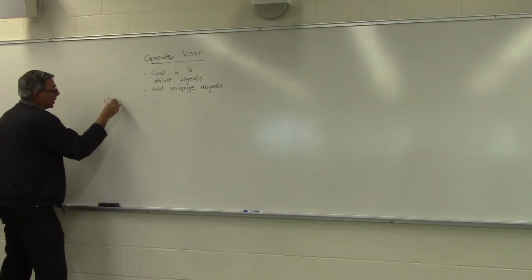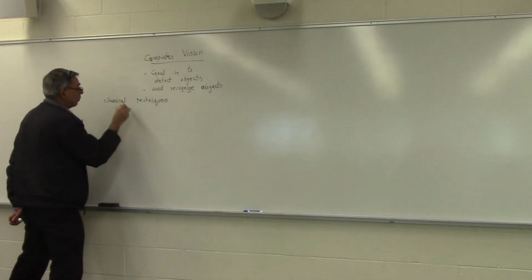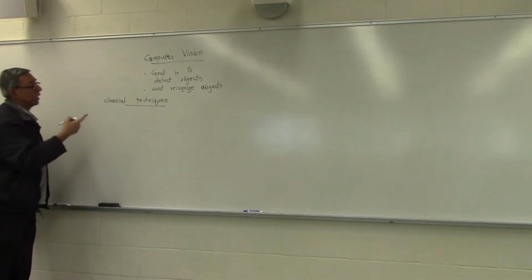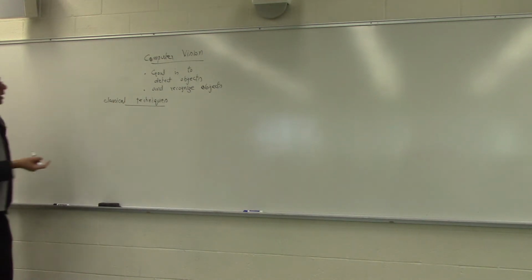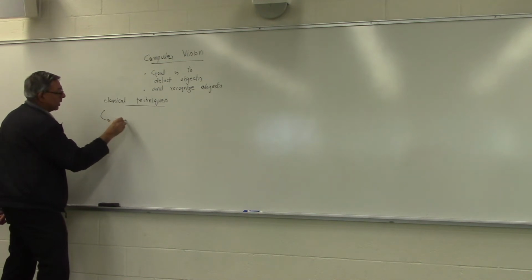There are, of course, classical techniques for both of these, which we are trying to learn as part of the theory of this course. And then the most modern is the deep learning techniques.